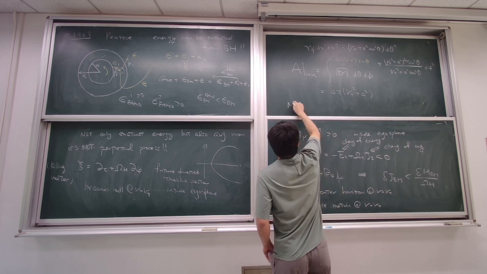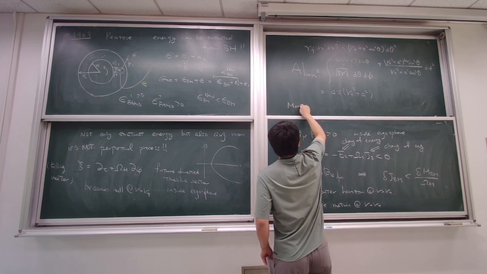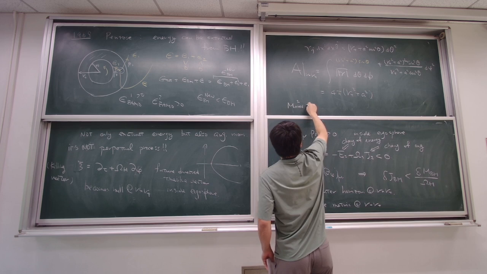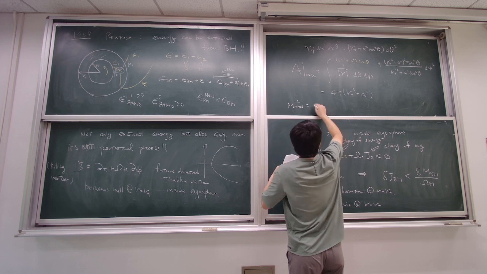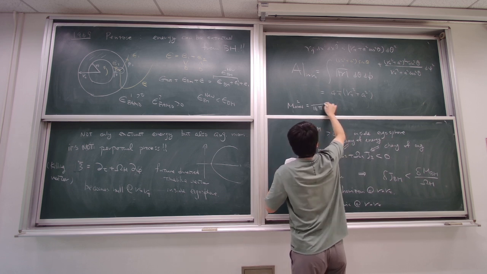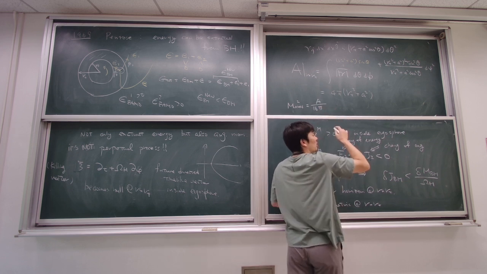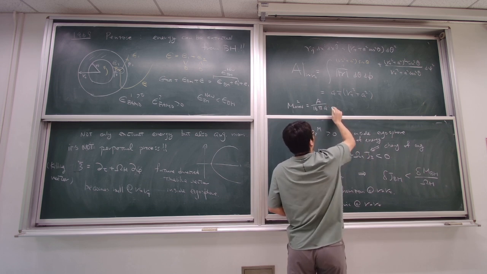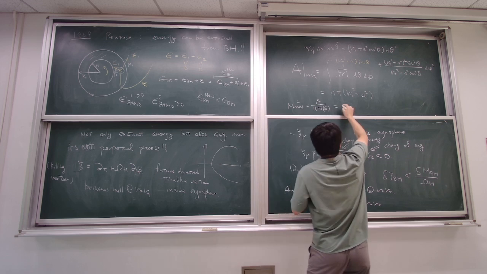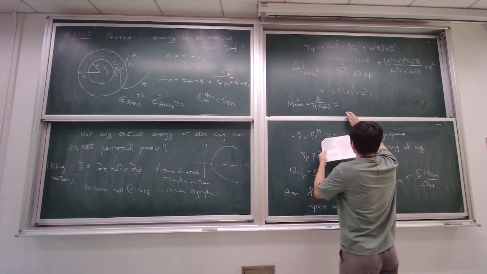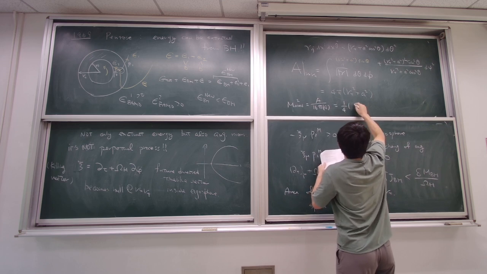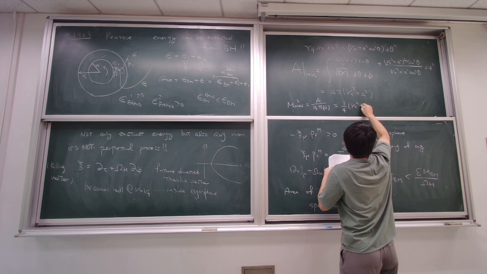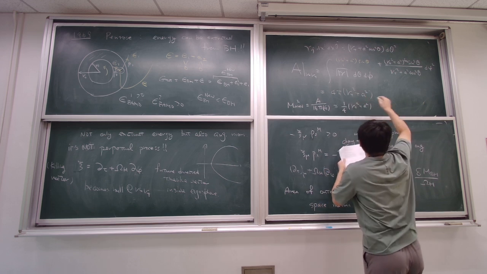M irreducible squared is 16 pi, and if you want to introduce G, there is a hidden G here, and this can be written as 1/4 times r plus squared plus a squared, and plug in the r plus value.